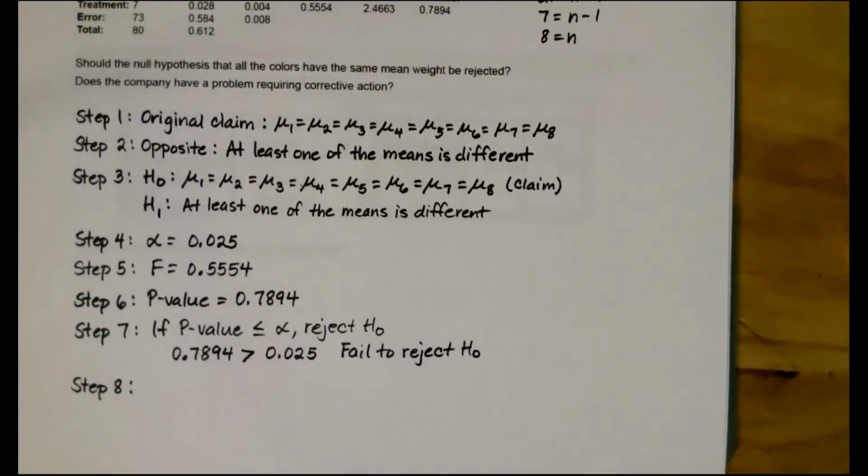So if we fail to reject the null hypothesis, and our claim is that null hypothesis, that definitely means that there's not sufficient evidence to reject the claim.